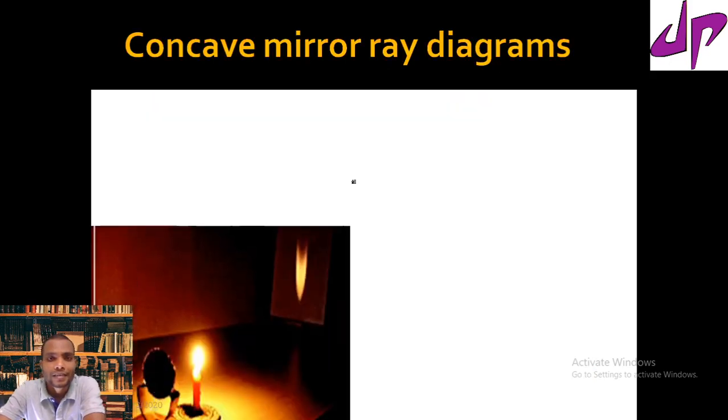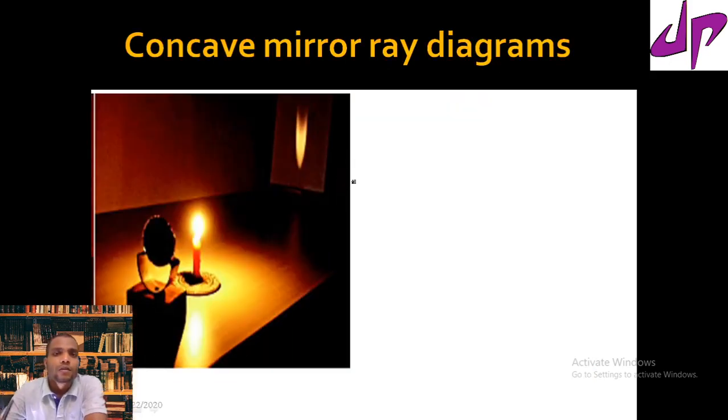Let's see in detail here. Now I kept a candle flame just in front of a concave mirror. So this is the concave mirror. Now this is the image of the candle flame, the candle wick. Depending upon the position of the object in front of the mirror, the image position will change, and this image looks enlarged.